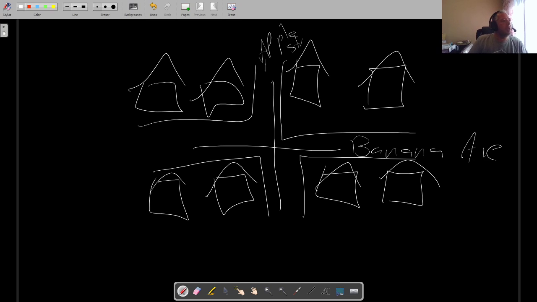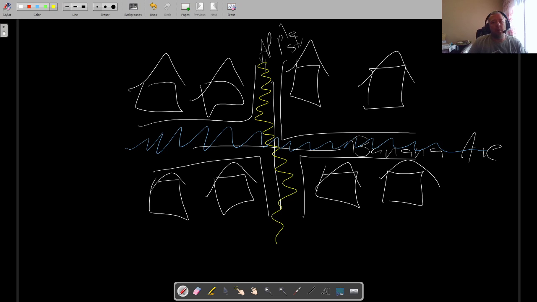Let's make them like so: blue over here for Banana, and yellow over here for Apple Street. And of course, each one of these houses will have a number. Are we all so far with me?